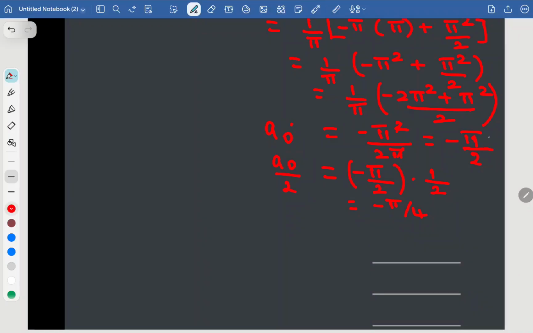See, a naught is minus pi by 2. I need a naught by 2, minus pi by 2 into 1 by 2. A naught by 2 is minus pi by 4. This is the value for a naught by 2.